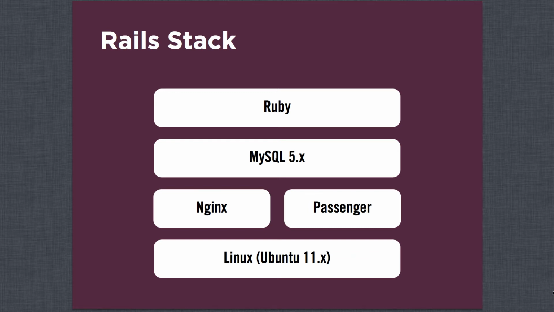And in some of the newer Rails stacks, you might replace MySQL with Postgres, which is another relational database similar to MySQL. And you might have other web servers in the middleware section, like possibly Unicorn or other Ruby-based web servers, or maybe even JRuby if you're running your Ruby stack in a Java environment.